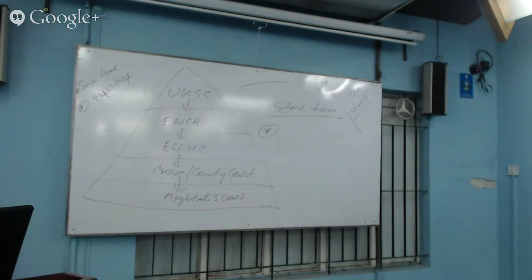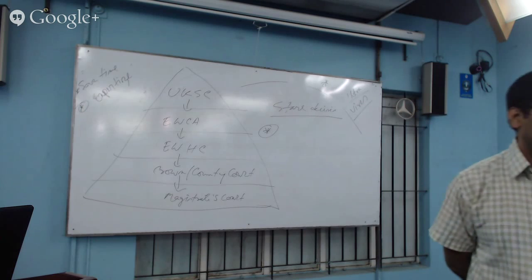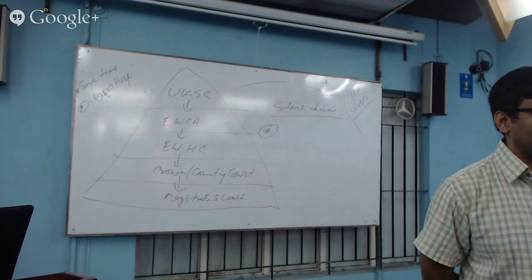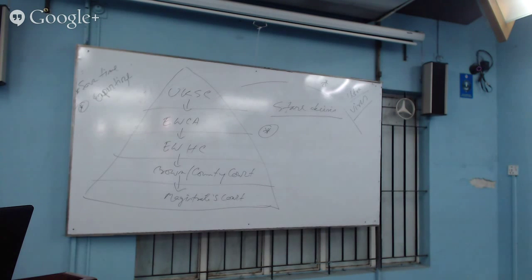Post 1966. Read the question again. If you ask me which question was the most difficult of all these questions, this is it: the durability and the practice of precedent. What is the question? Read the question again.